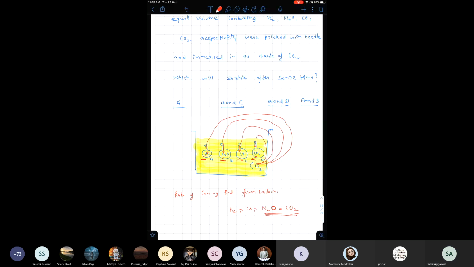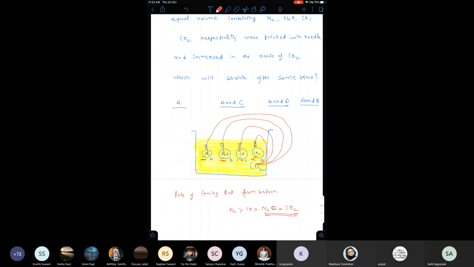Now, hydrogen has smaller mass, so it will move faster. So it will move outside faster than the CO2 goes inside. So basically your hydrogen will come out more, so it will shrink.